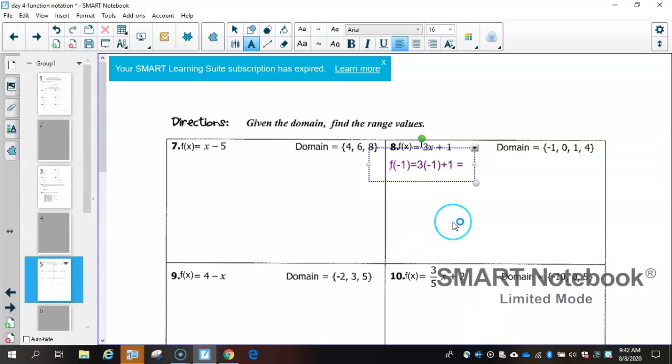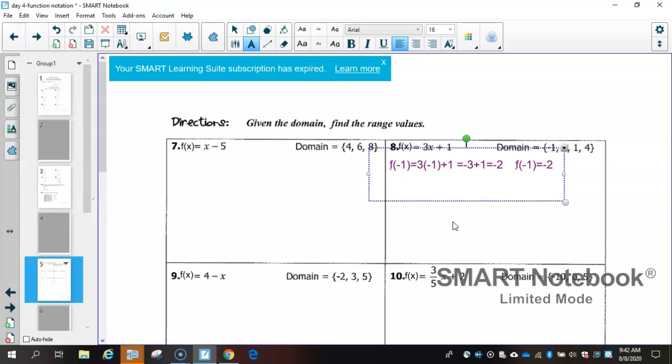And then we can start solving this. Well, 3 times negative 1 is negative 3, and negative 3 plus 1 is negative 2. So I can say f of negative 1 equals negative 2.